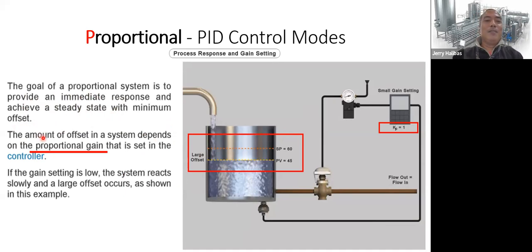Okay, so the amount of offset in the systems depends on the proportional gain or ganin mo ang KP. If the proportional gain is set too low, the system reacts slowly, and large offset occurs as shown in the diagram.